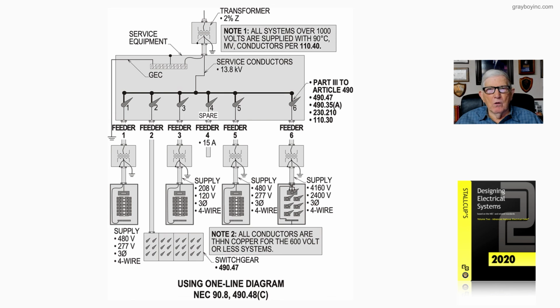So remember, one-line diagrams are to isolate locations where you want to work. Schematic diagrams are for troubleshooting, and that's exactly what your Figure 24-1 is illustrating to the user of the NEC.